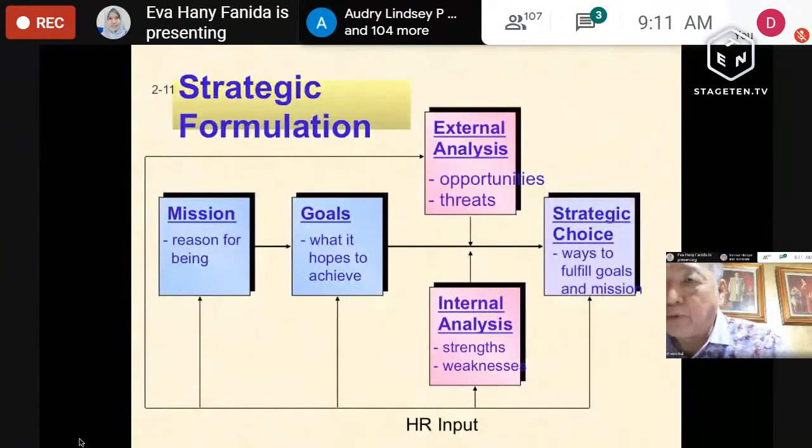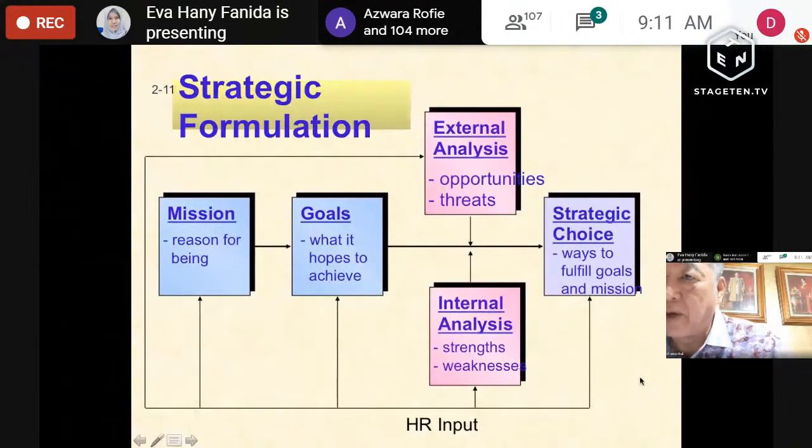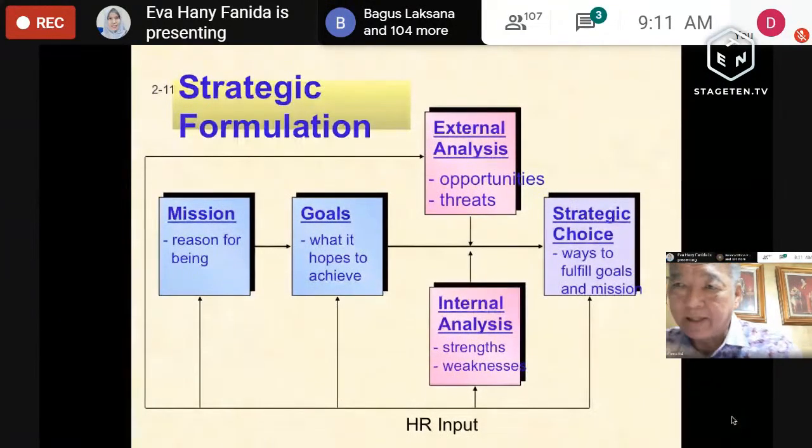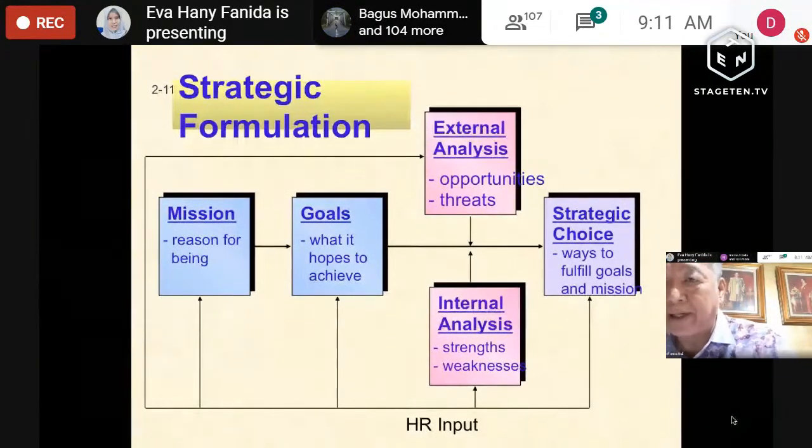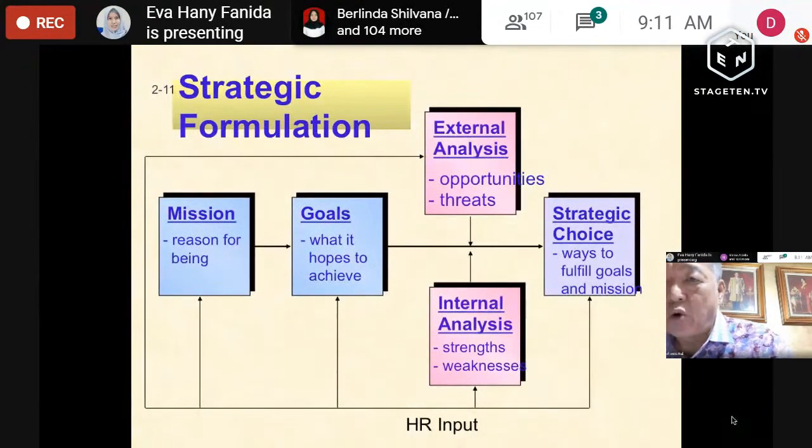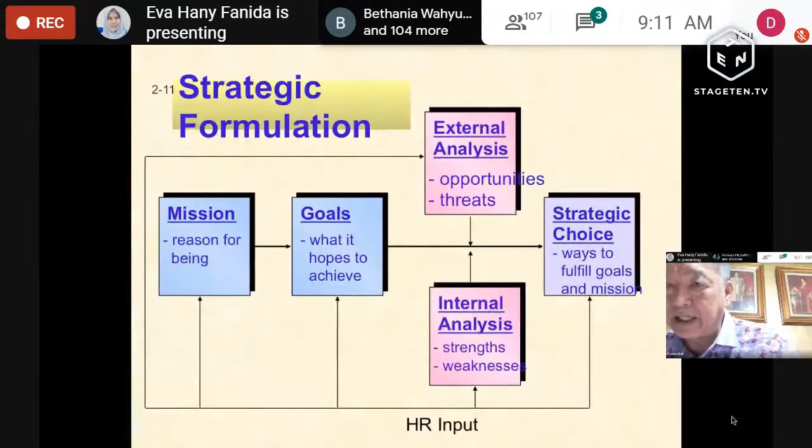So we have to analyze the external environment and also the internal environment. There is a term that I think we all know, called SWOT analysis. SWOT analysis comes from these 2 analyses, external analysis and internal analysis.